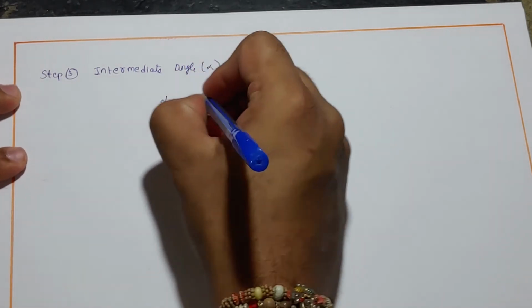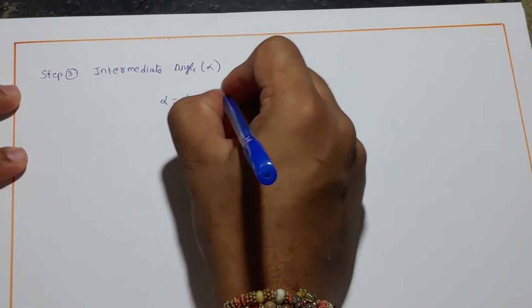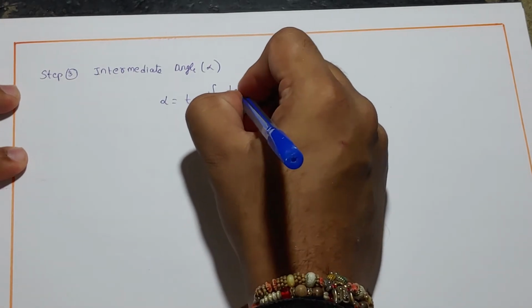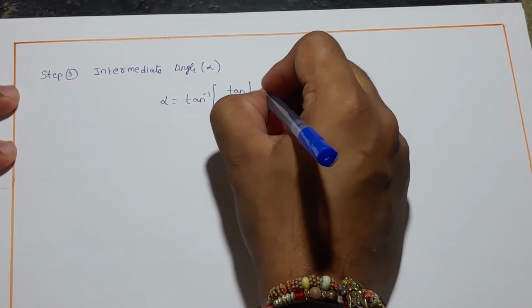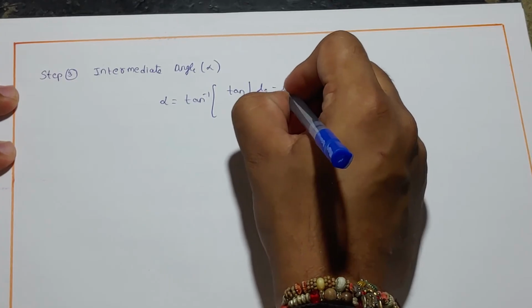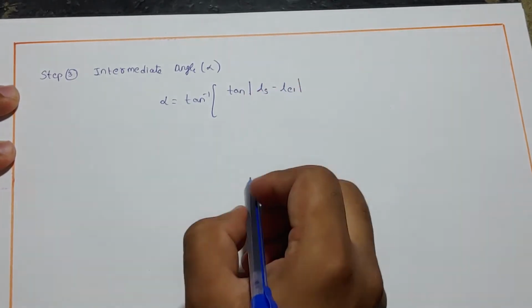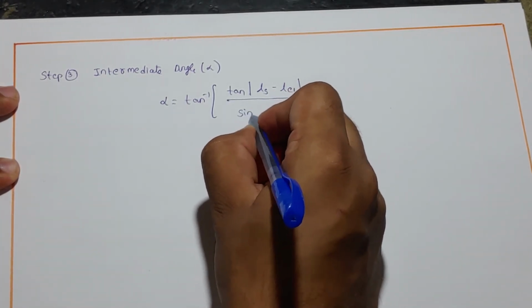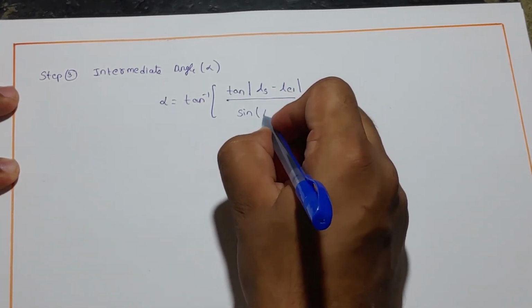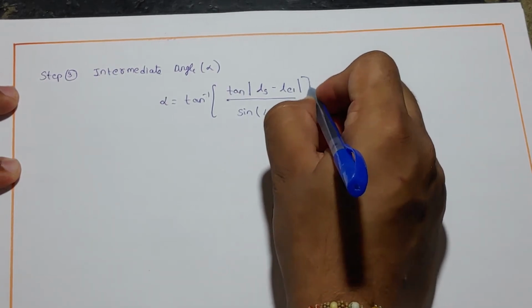We know that the intermediate angle is equal to tan inverse of tan of the mod of longitude of the satellite minus longitude of earth station 1, divided by sine of latitude of the first earth station.